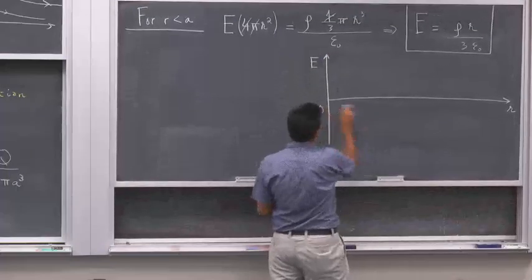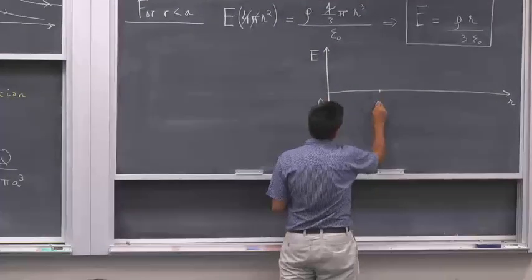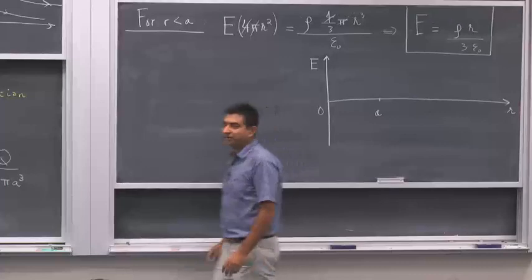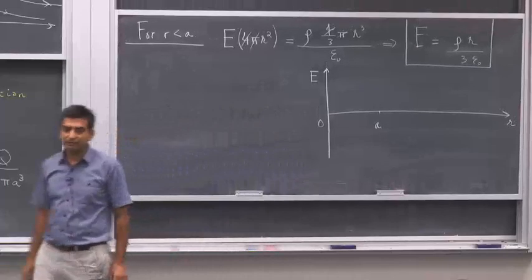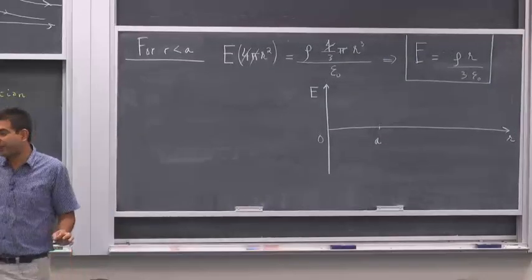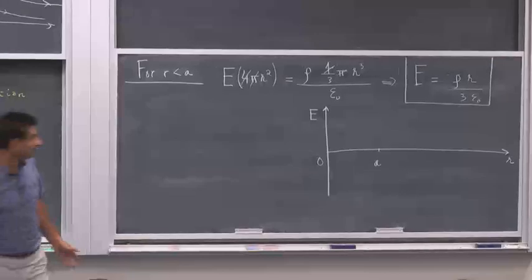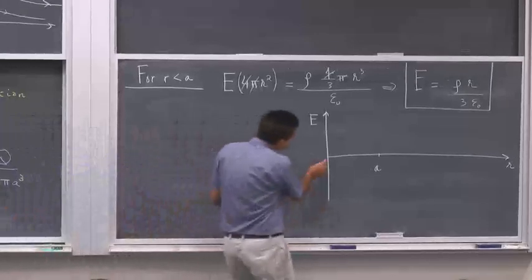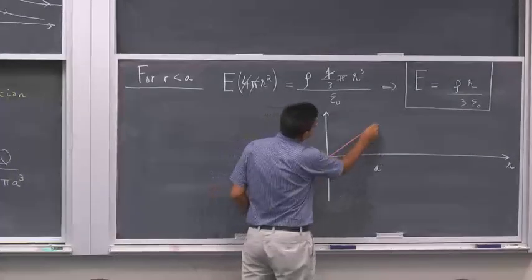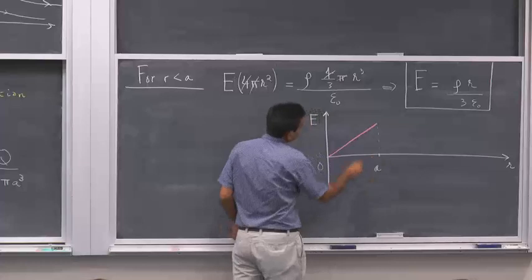This is 0, this is point A. Could you please plot what the electric field is going to look like? The magnitude is going to look like a straight line. So this straight line starts from 0 and it goes up to r equals A.